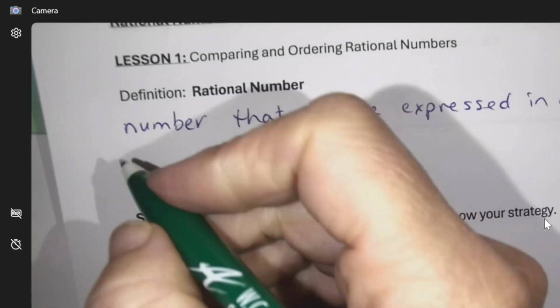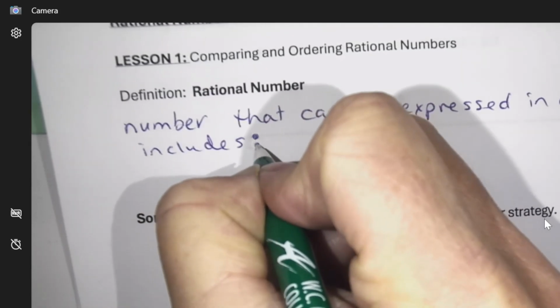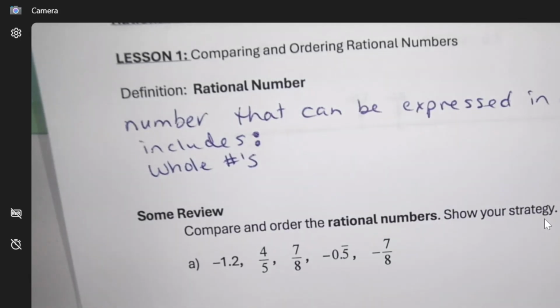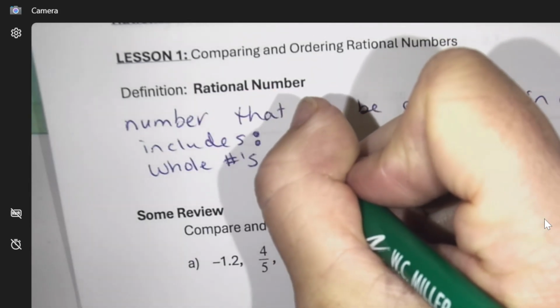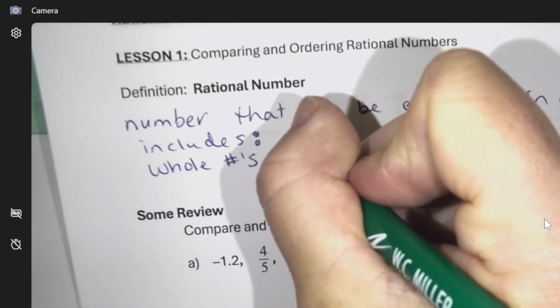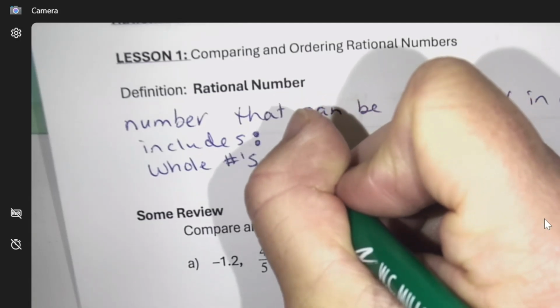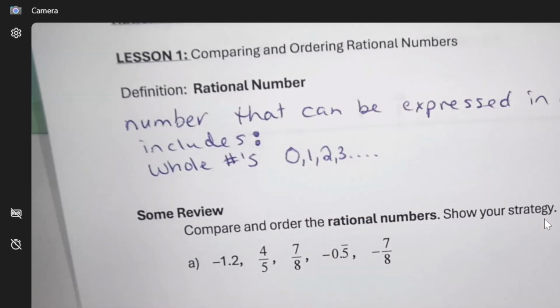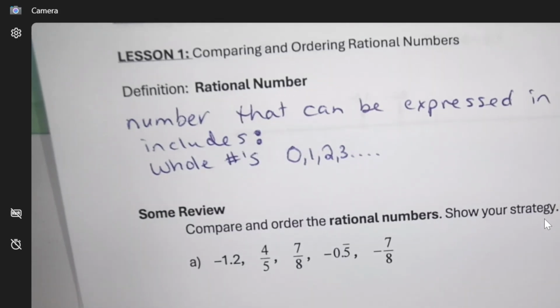Okay, so it includes whole numbers. Whole numbers are rational. Do you guys know what whole numbers are? Numbers without decimals. Well, specifically, what does a whole number start at? 0. 0, 1, 2, 3. Those are whole numbers.